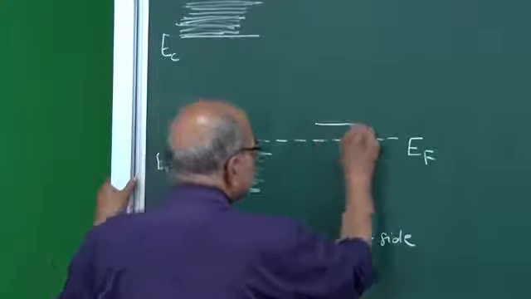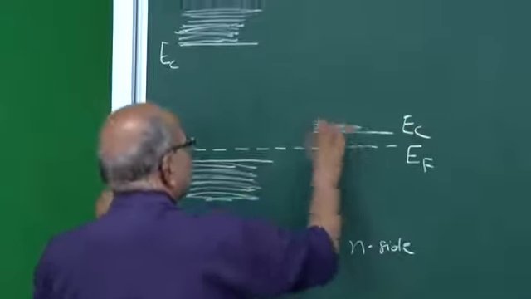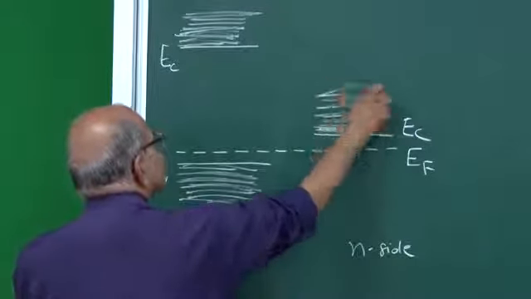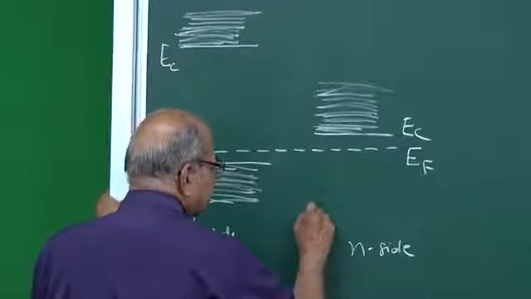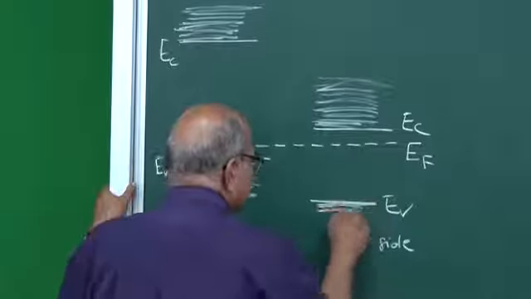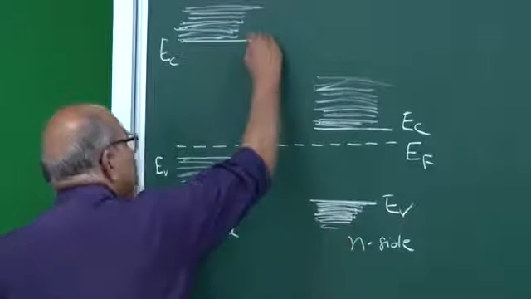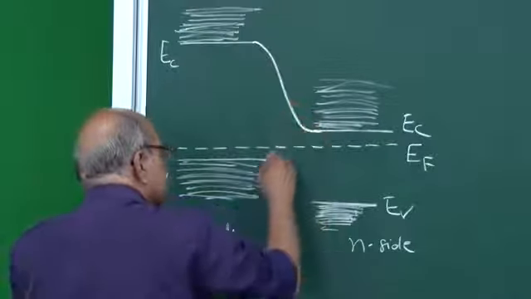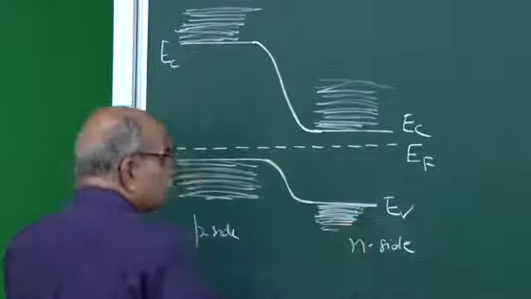So, this EC is here, and all these quantum states are here. These are the conduction band, and EV, the valence band, will go somewhere here, and you will have these valence band quantum states. Then it bends and joins with this EC, and this bends and joins with this EV, and so on.